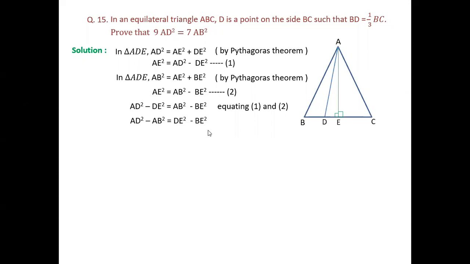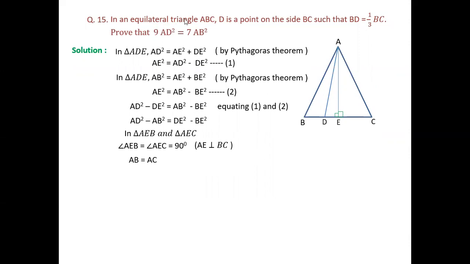Now see here, in triangle AEB and AEC, that means this full right triangle and this full right triangle, this angle is equal to this, equal to 90. AEB is equal to AEC is equal to 90 degrees, because AE is perpendicular to BC. AB is equal to AC. Why?